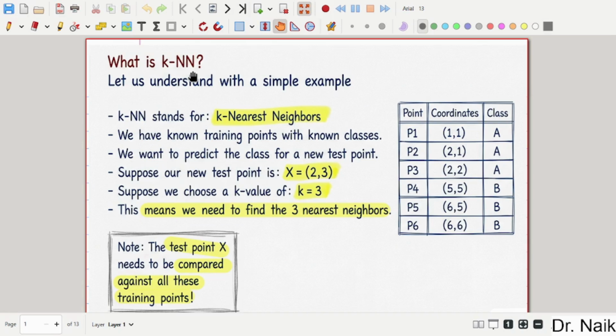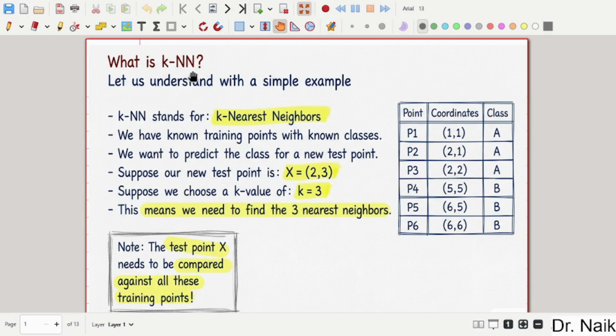So KNN looks at the K closest training points and uses them to predict the class of the new point.